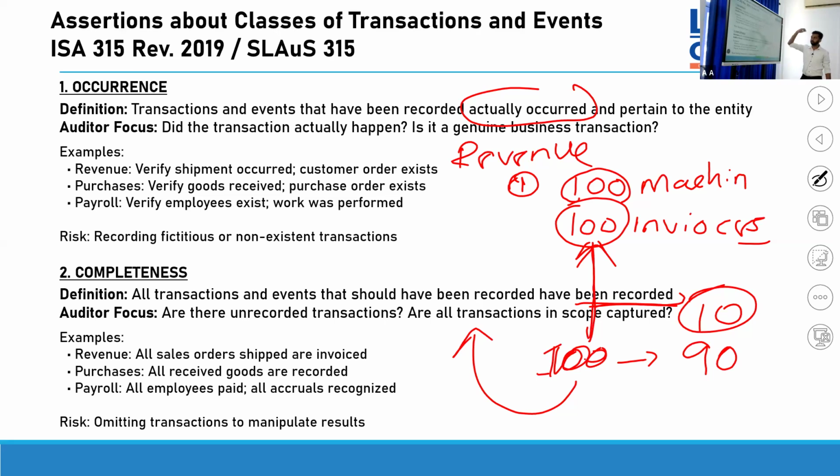We have made 100 machines and sold to 100 customers, that is occurrence. We have 100 transactions. Completeness in the sense we have recorded all the 100 transactions in our financial statements. That is completeness, right?